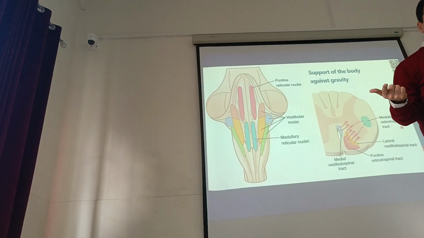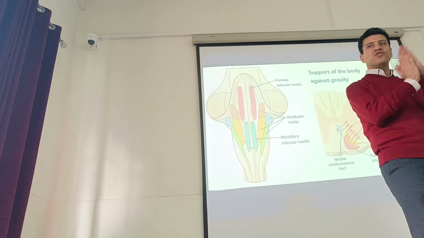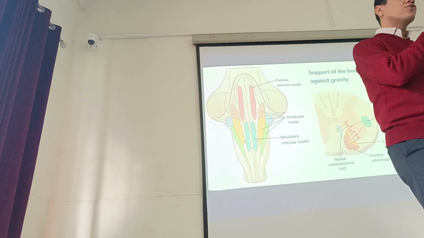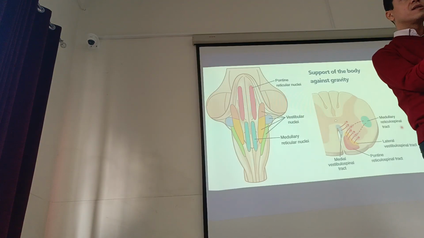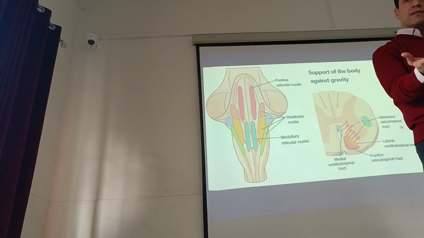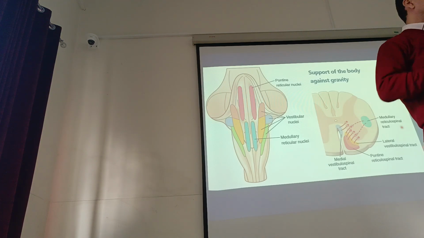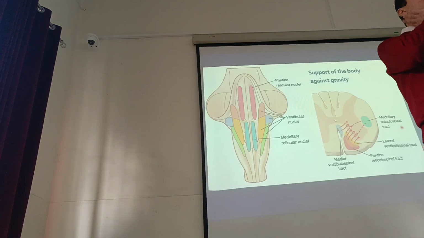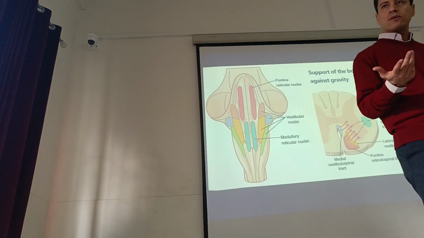Which muscle? Remember from our previous session that we had lateral medial divisions, right? In the ventral horn, we had some alpha motor neurons that were located laterally. They innervate distal part of the body, right? And I told you that we have alpha motor neurons located on the medial side. They innervate proximal part of the limbs and axial muscles, truncal muscles, neck muscles, muscles around the spine, right?